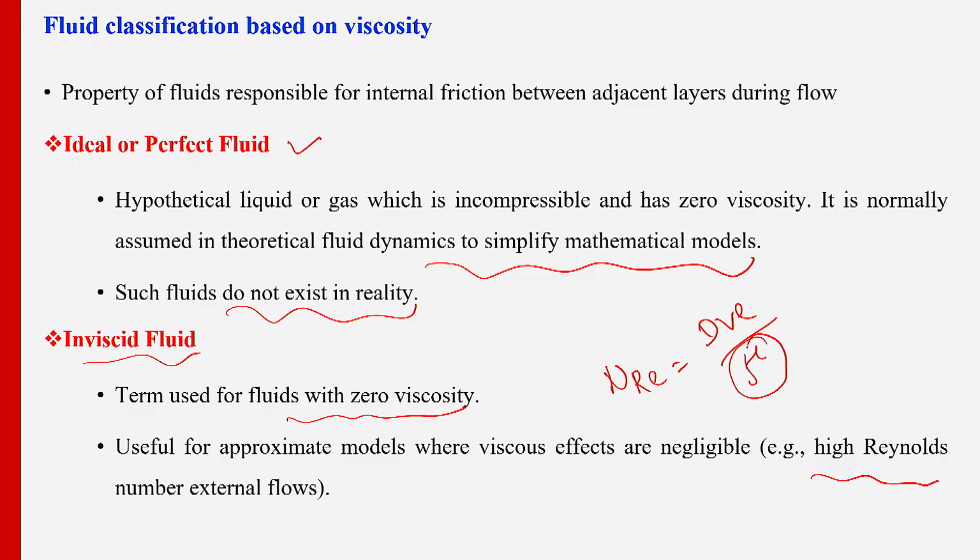If viscosity is very low, close to 0 or 0.01, the Reynolds number value will shoot up, because when this value decreases, this value increases. So when the viscosity value goes close to 0, we get a higher Reynolds number, which is why they mention high Reynolds number for external flows.